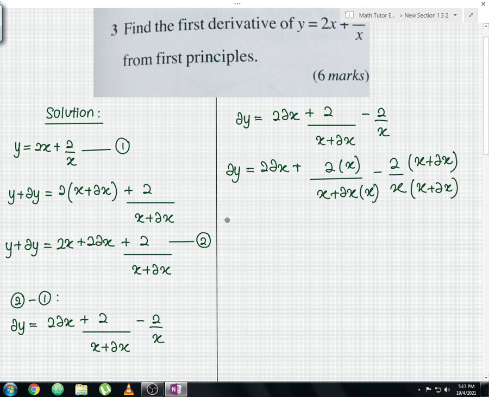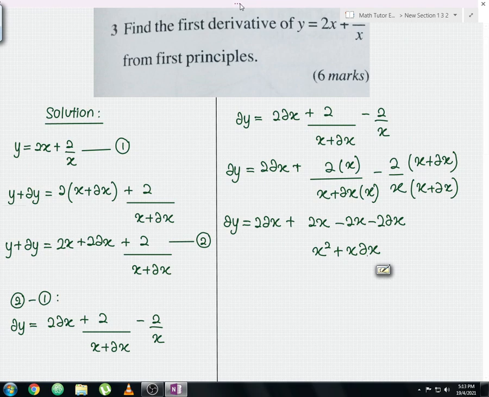So from here, delta y will be equal to 2 delta x plus 2x, minus this 2, you expand in, so from here you get minus 2x minus 2 delta x. Then you divide with x square plus x delta x.